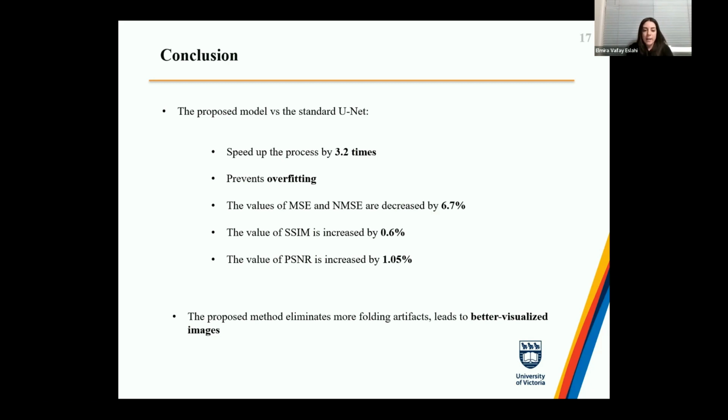And the value of SSIM is increased by 0.6%, and the value of PSNR is increased by 1.05%. So we can conclude that the proposed model eliminates more folding artifacts, which leads to better visualized images and better reconstructed images.